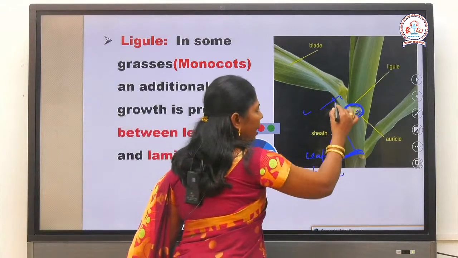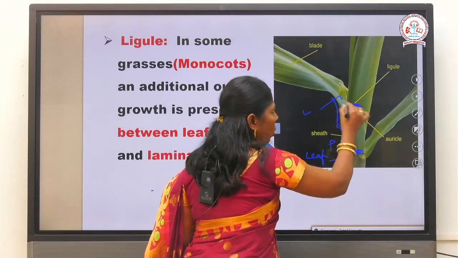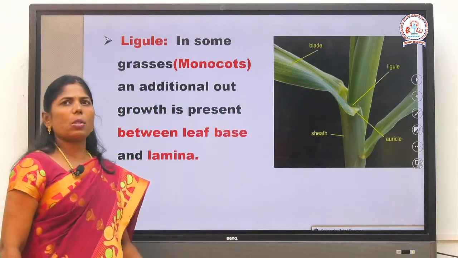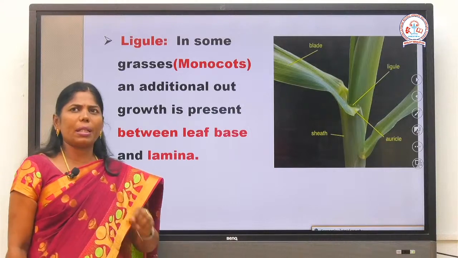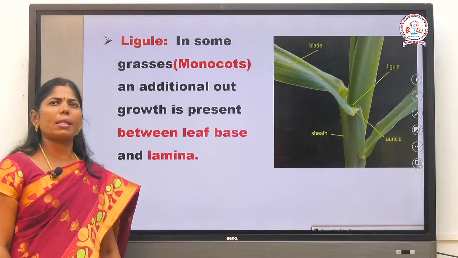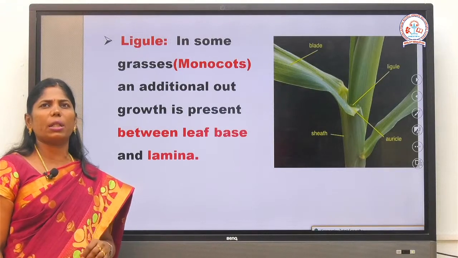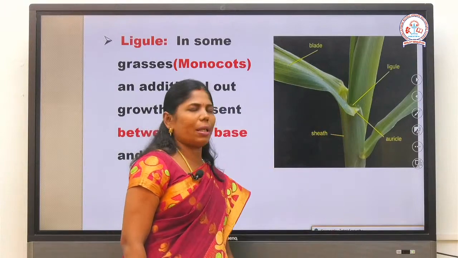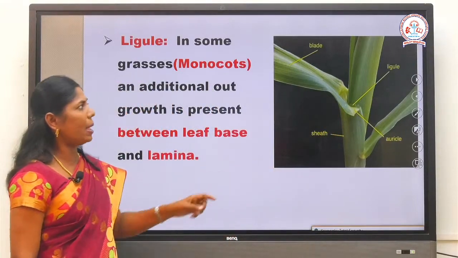This extra outgrowth between these two is called the ligule. The ligule is a broad extra outgrowth. It is present in grasses, the additional outgrowth between the leaf base and the lamina.